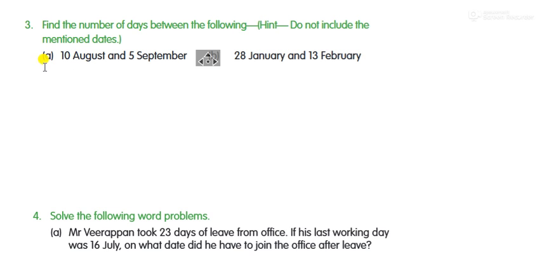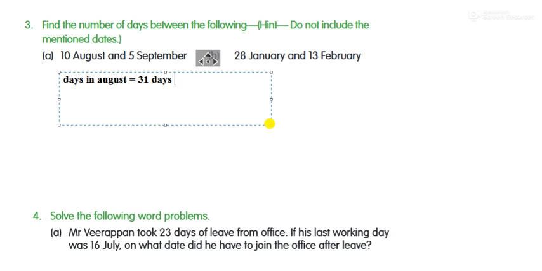So days in August is 31 days. Next, days in September equals 4 days, 1, 2, 3, 4. Don't count the 5th day.